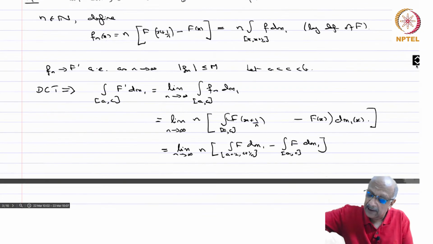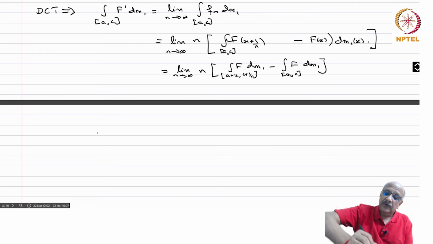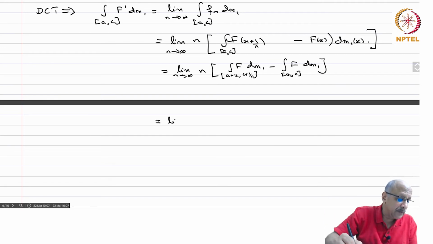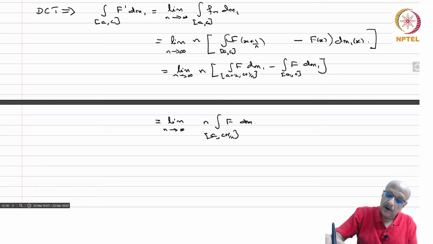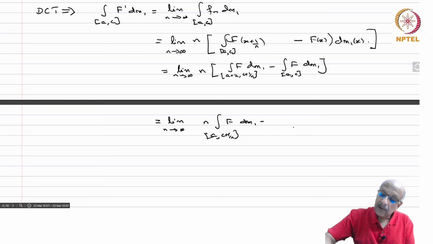And now if you cancel out the common part, this is equal to the limit as n tends to infinity of n times the integral from c to c plus 1 by n of f dm1 minus n times the integral from a to a plus 1 by n of f dm1.